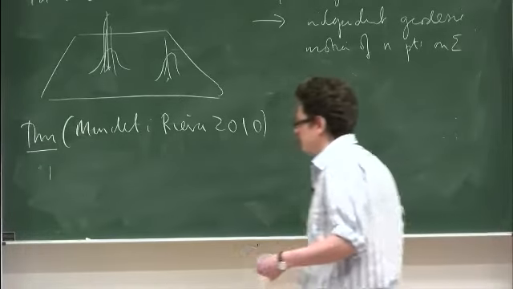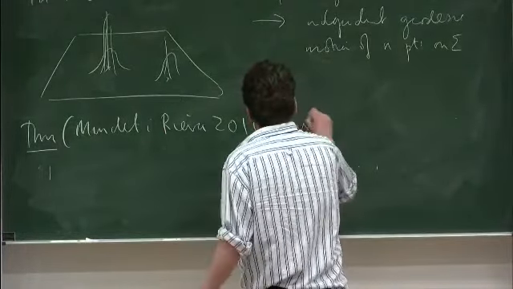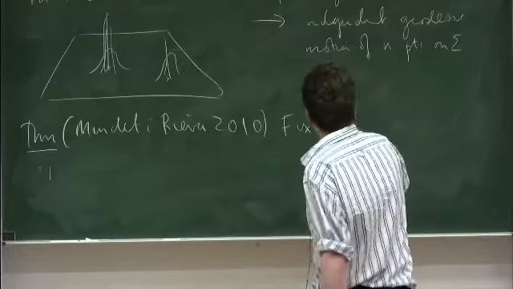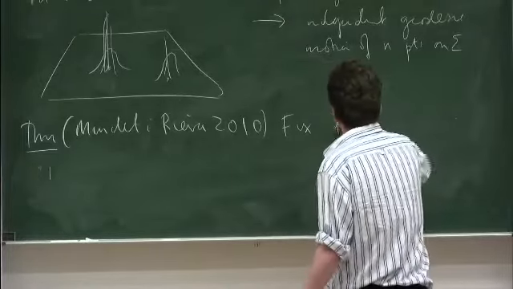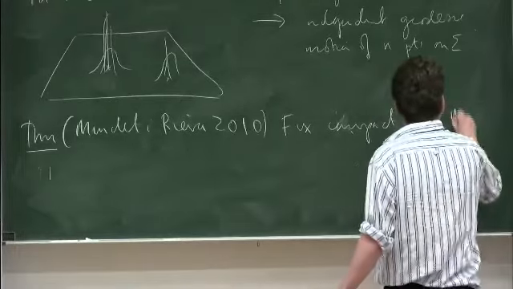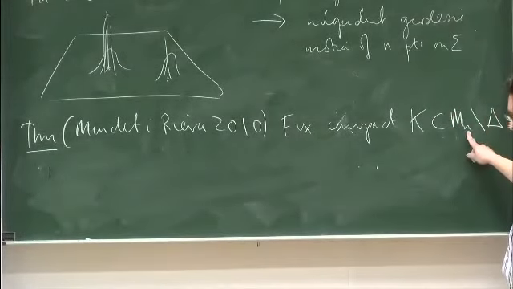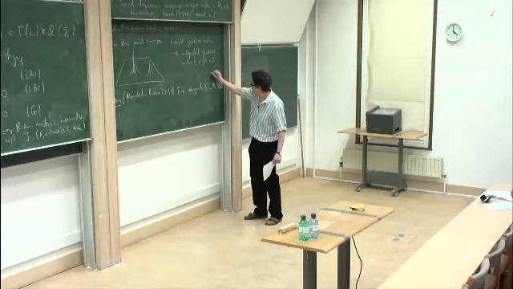You've filtered through a few layers there, but I think this is what it says. If we fix a compact subset in the complement of the coincidence set in Mn. So this is the coincidence set.